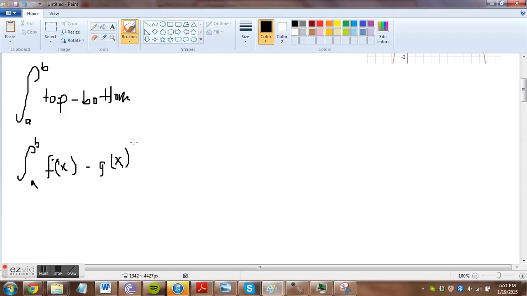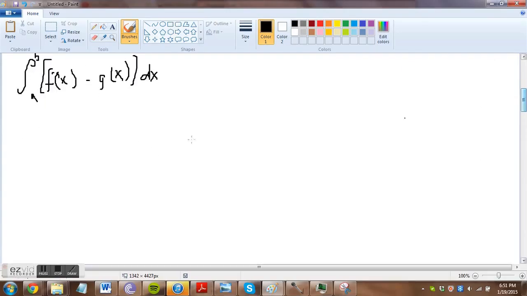So we can say this is the integral from 0 to 3 of negative x squared plus 4x plus 2 minus (x plus 2) dx.